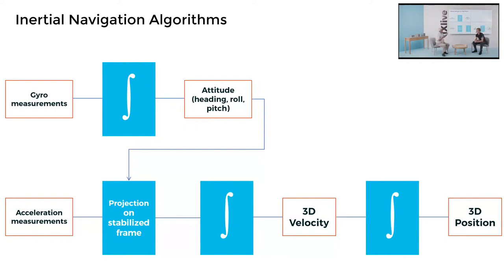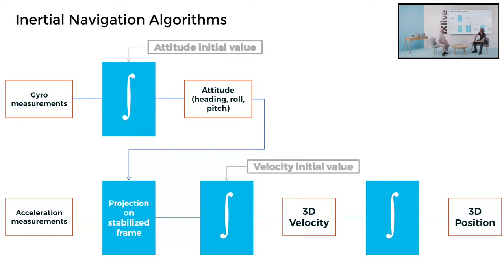But as with any mathematical integration, we need to know where we start from. So we need the initial value for attitude, all three parameters, the initial value for the velocity, and the initial value for position.